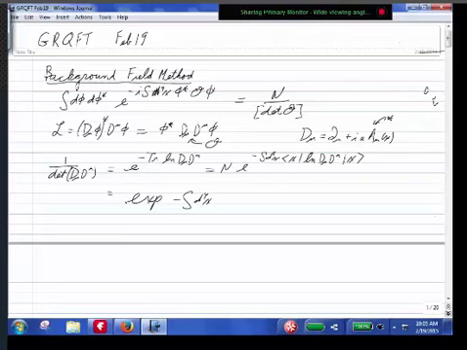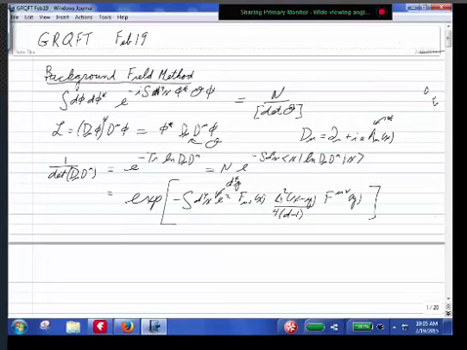And we wrote this as e to the minus trace log of D_μ. Then we expanded the log and ended up with some number times e to the minus integral d⁴x log D_μ. It's just starting to look a little bit more familiar.